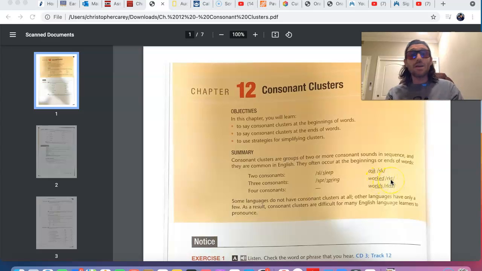And if you could believe it, we also have four consonant clusters. Yeah, four consecutive consonant sounds, in this case at the very end of the word worlds.